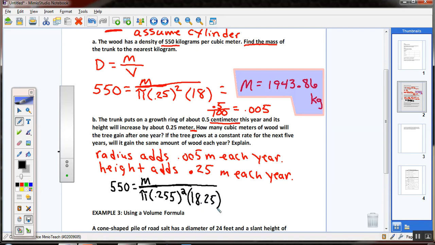Okay. You guys take a minute and see what you come up with for a value there. I'll do the same as well. See what our new mass is. Obviously, if the tree grows, what should happen to the amount of mass in it, kids? It should go up. So my answer is going to be more than 1,943 or less? Better be more. Okay.